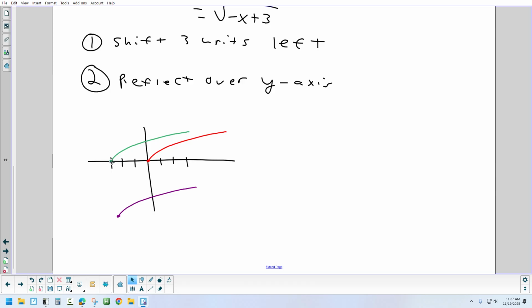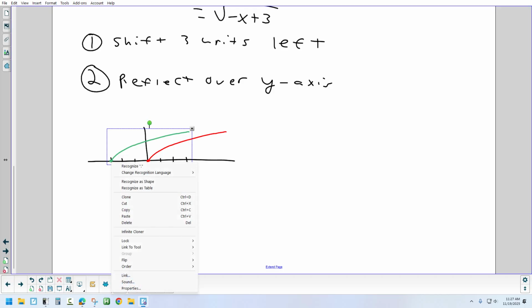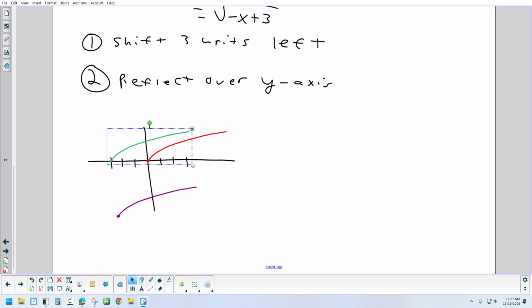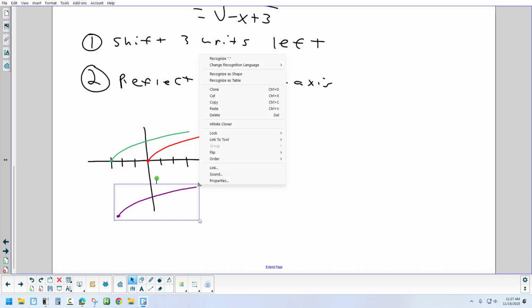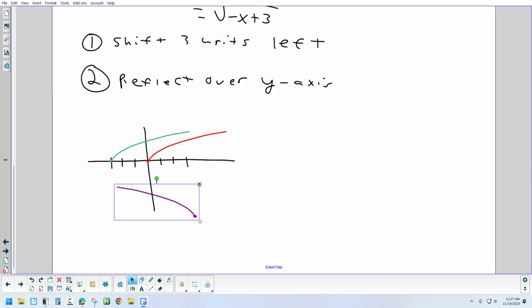Positive 3, 0. This point is going to end up over here, and the graph is going to curve to the left. So the final graph is the one in purple. It's been translated 3 units to the left and then reflected.